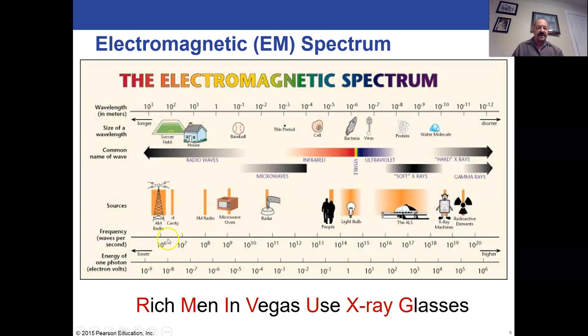So you see the radio waves start maybe 10 to the 5th, 10 to the 6th, 10 to the 7th. But by the time you're up to gamma rays and X-rays, you're at 10 to the 20 or 10 to the 21 cycles every second. That's how many waveforms are flying by. The whole wavelength is flying by 10 to the 20 of these per second.